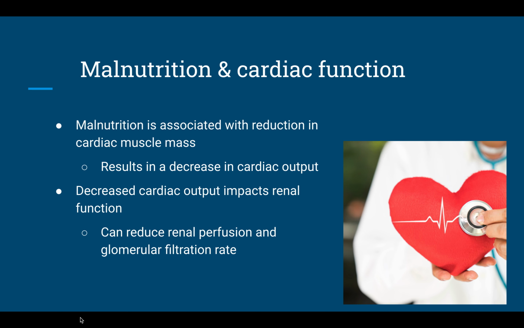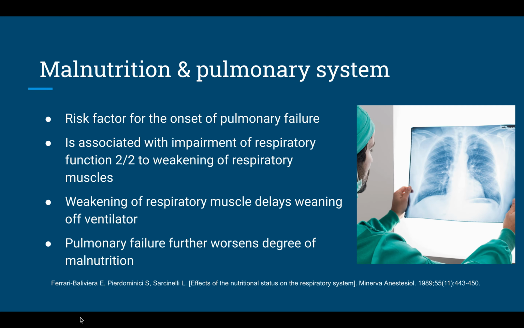Also, if you remember, your heart is a muscle. So when a person is malnourished, that muscle is going to get weaker and is going to result in a decreased cardiac output. Also can reduce renal perfusion and glomerular filtration rate. So your kidneys are not going to function well, your heart is not going to function well, or I will say the patient's organs are not going to function well.